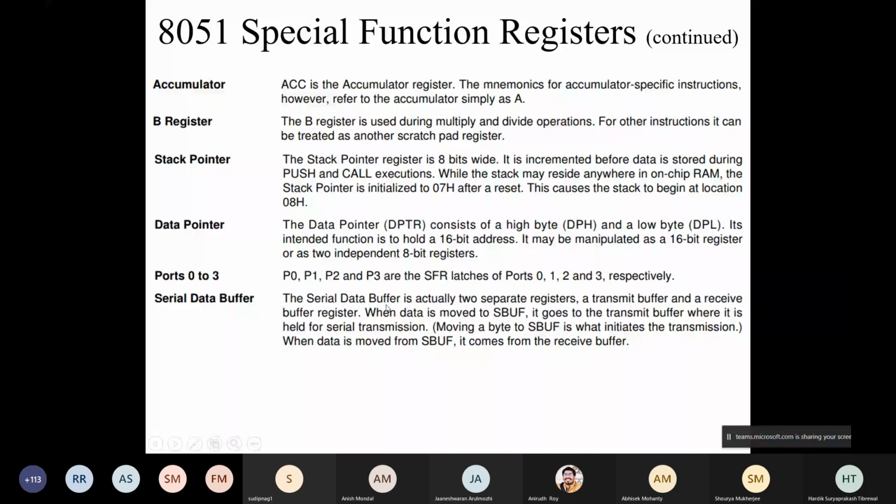It's a storeroom that is used to interface with the serial communication. So SBUF is just a temporary storage location for 8-bit data, and once you store the 8-bit data, it will either move out or come in from the external world. Again, further details as we go with programming and timing diagrams.